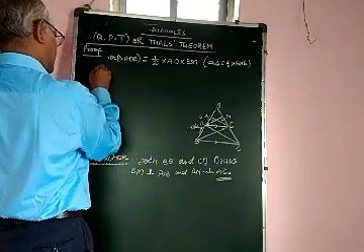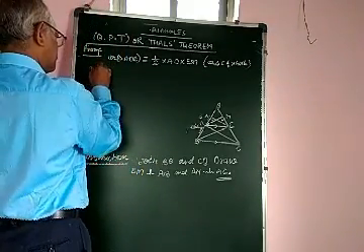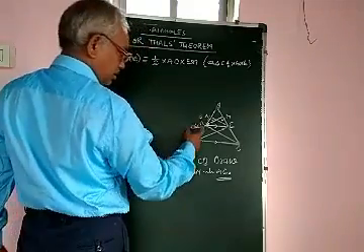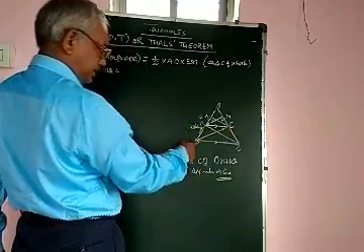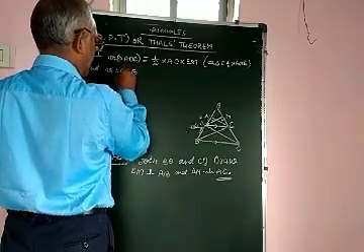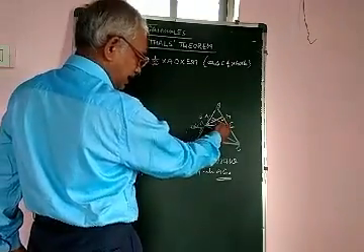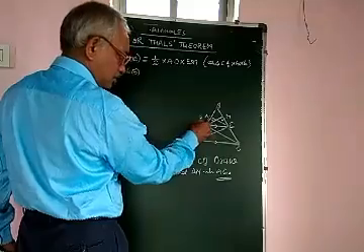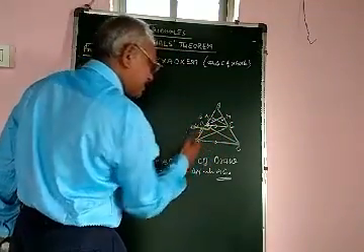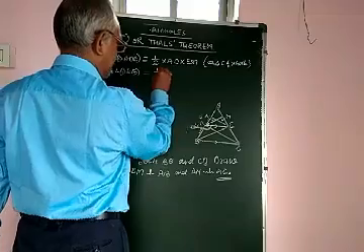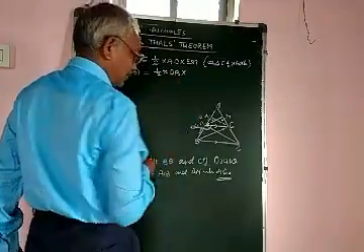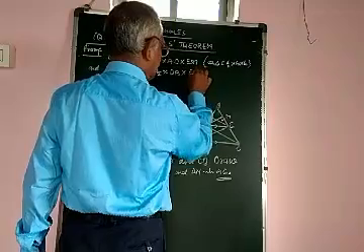Now area of triangle DEB. Triangle DEB is an obtuse angle triangle. So the perpendicular is EM and base is BD. So 1 by 2 into DB into height EM.